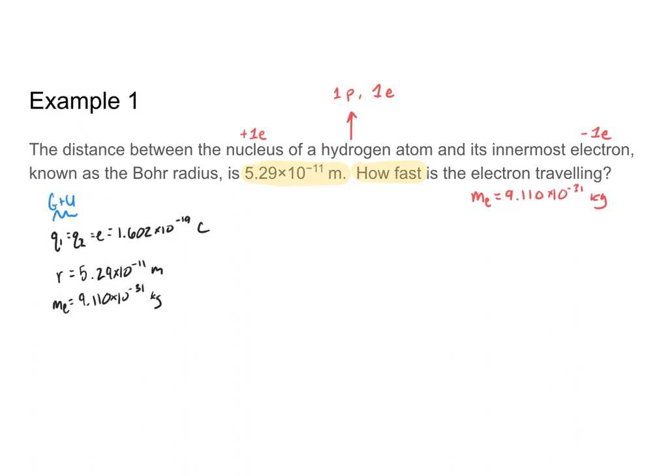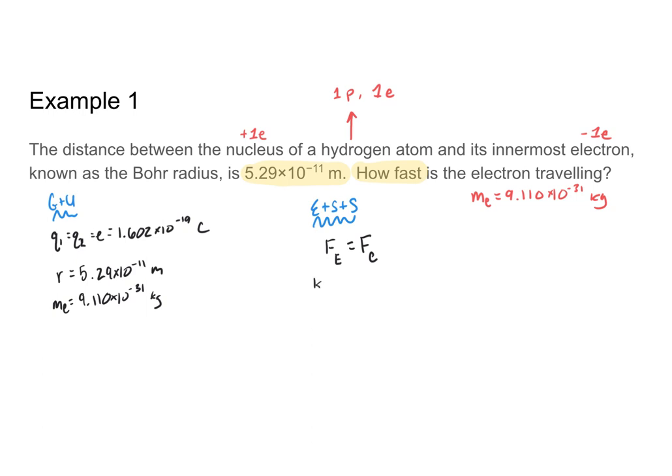That brings me to my equation, and my substitution, and eventually my solution. I know that the electrostatic force in this scenario is acting as a centripetal force, because the electron is orbiting around the nucleus.